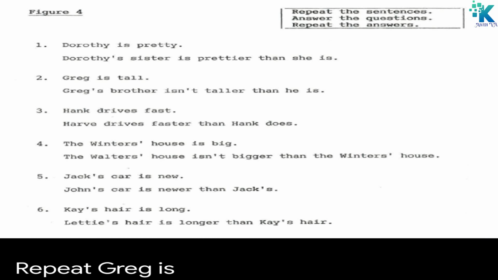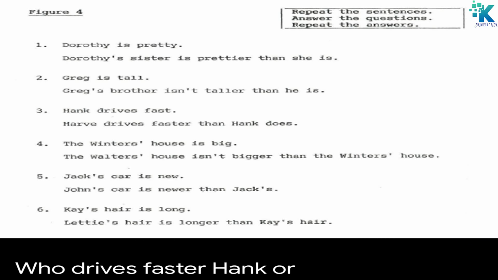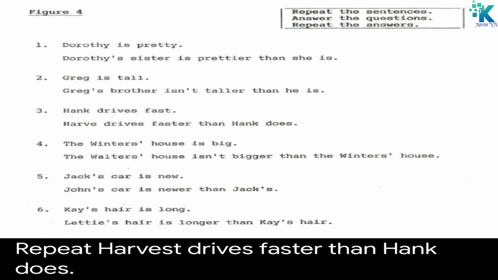Repeat. Greg is taller than his brother. Who drives faster, Hank or Harv? Repeat. Harv drives faster than Hank does.